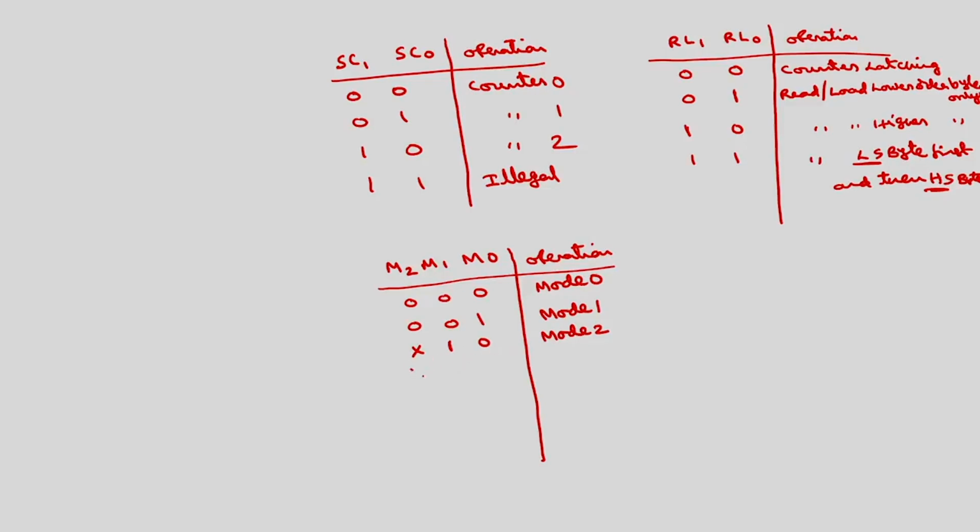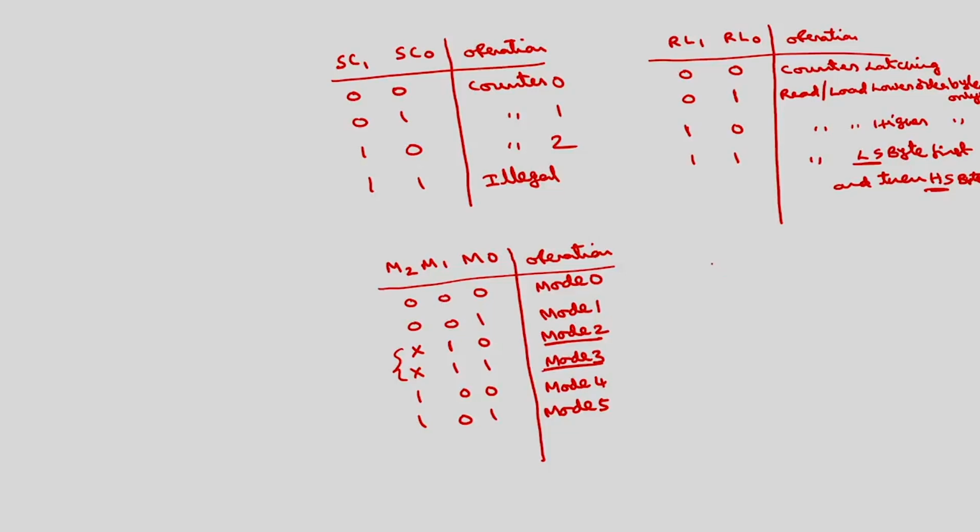X11, which can be 0 1 1 or 1 1 1, is mode 3. Then we have 1 0 0, mode 4, and 1 0 1, mode 5. Here these 2 are don't care. So, we have 2 possibilities for mode 2 and mode 3.